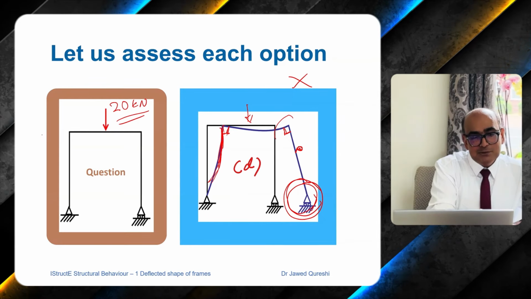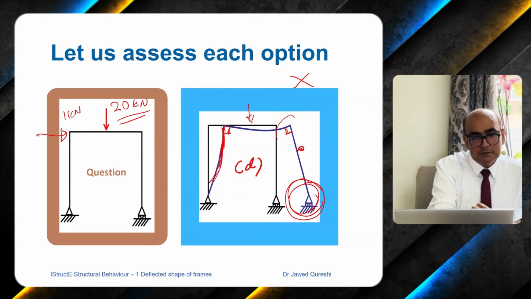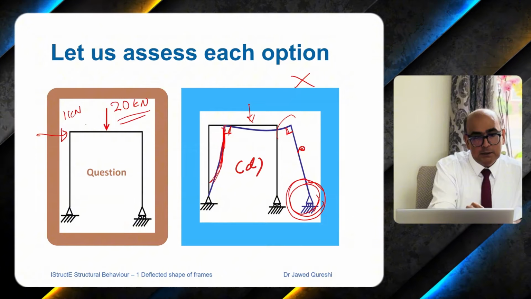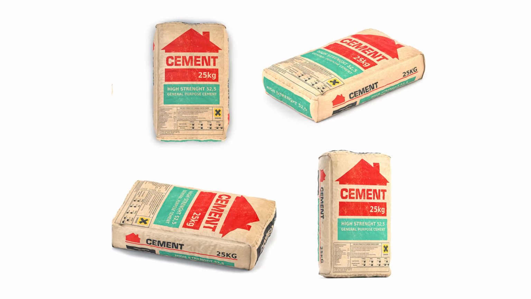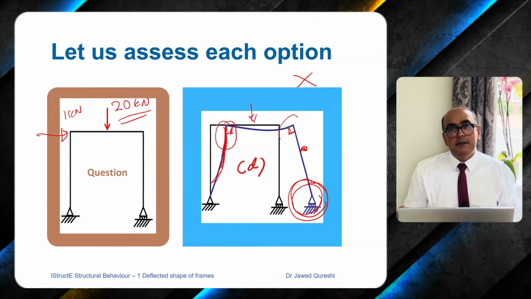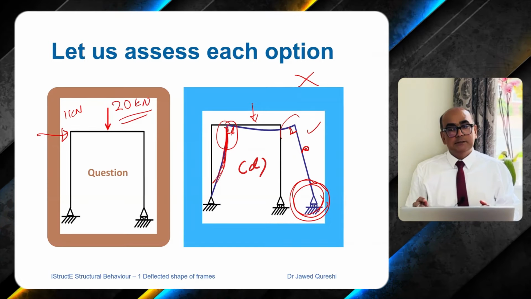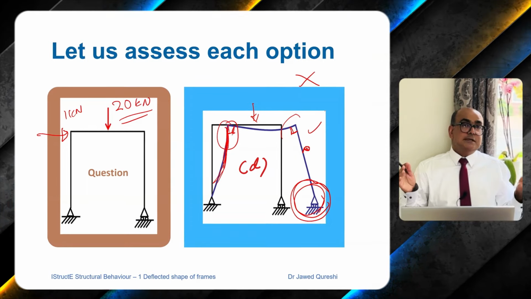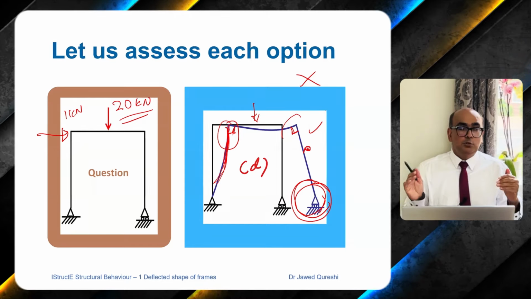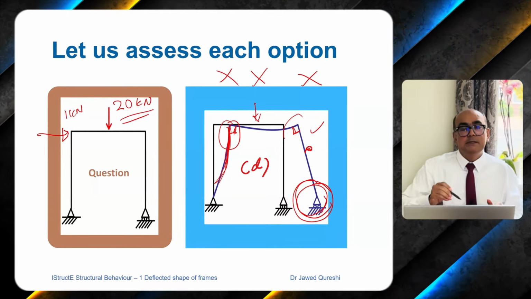And if there's one point load applied, for example 20 times less here, 1 kilonewton, that might cause a little bit of deformation over here, and the deflected shape might look like this. But for our condition where we just have one vertical point load applied, this option is completely wrong.